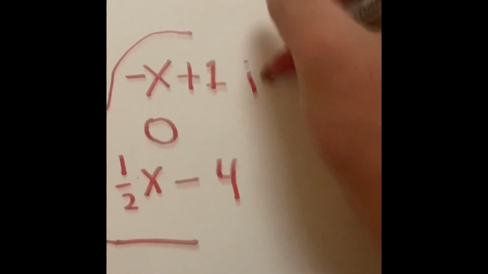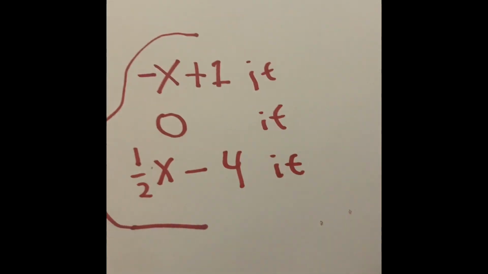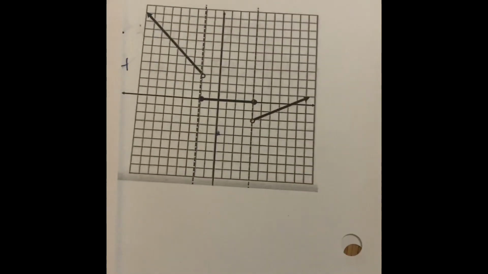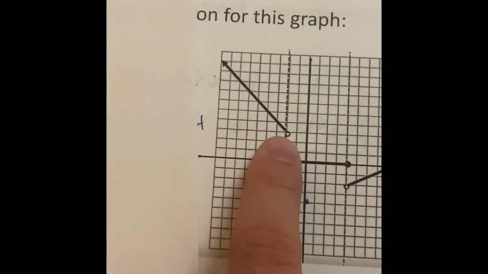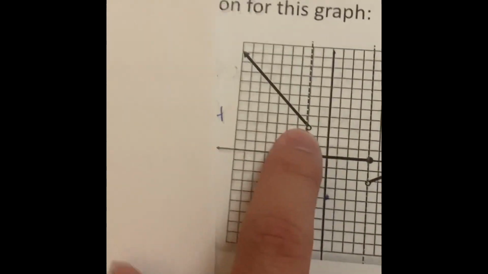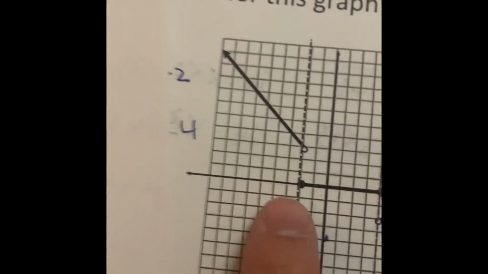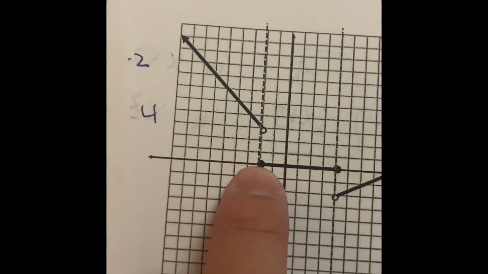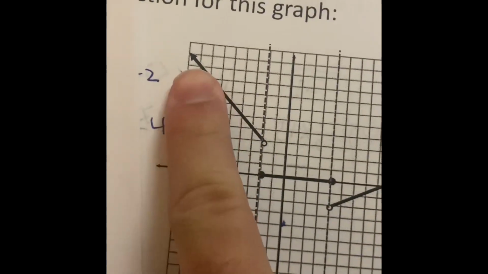Now we have to find the inequality that perfectly represents each piece on the graph. So let's get started. Let's take a look at this one. We have a bubble right there that's open and an arrow going all the way over there. If you count 1, 2, that means that there is going to be negative 2, and x represents the line right here.